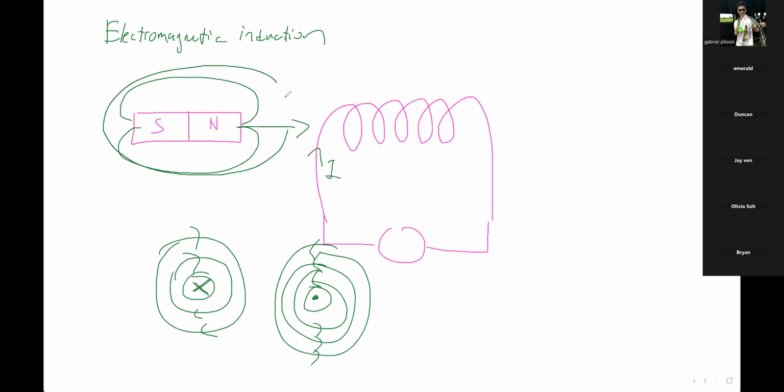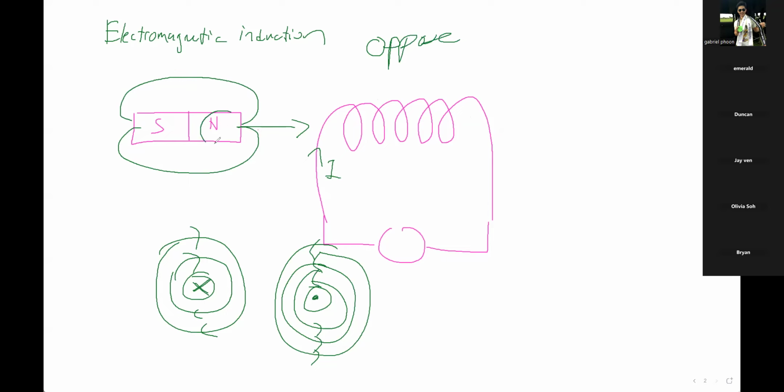So here is what happens. Initially, this magnet has its own magnetic field. When this magnetic field cuts through these coils of wire, it produces current. But when there is current flowing in the wire, it itself produces a magnetic field. And this magnetic field, according to Lenz's law, will always oppose the motion producing it.